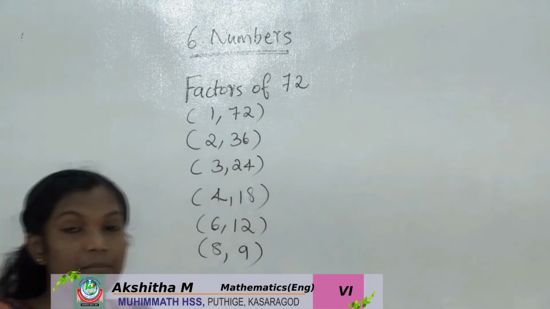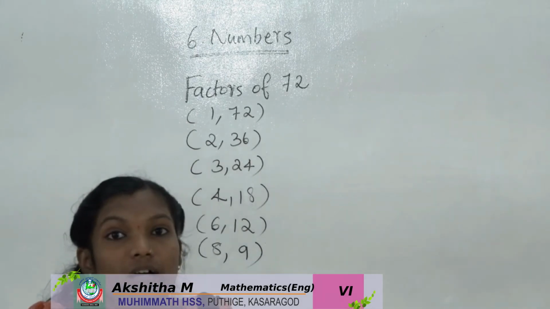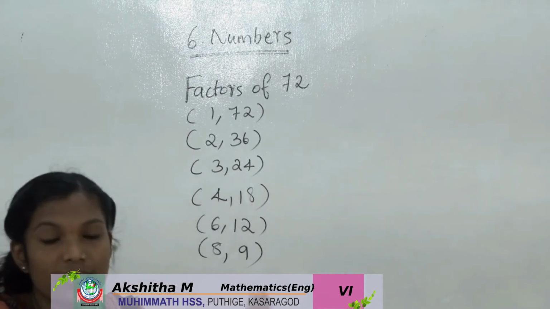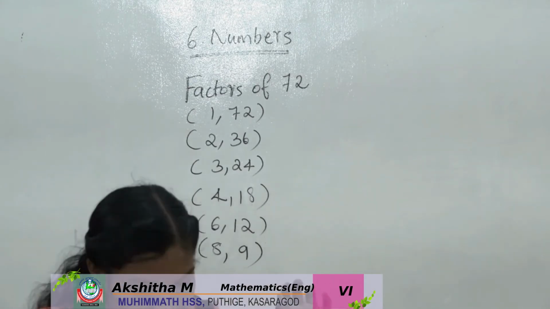So like this we can make different types of rectangles with 72 dots. These are the factors of 72.